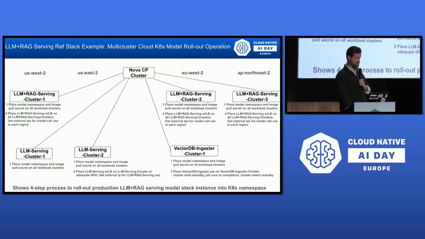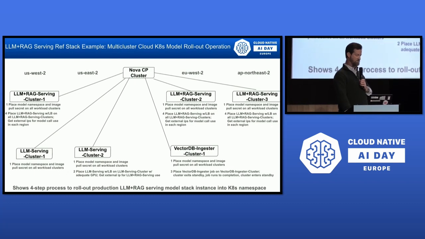All right, we're almost there to the demo. So this shows us the steps that Nova is going to go through when it's rolling out a new model, or a new deployment, actually, not just a new model. First step is creating a new namespace, and then pushing the image creation secrets to all the different Kubernetes clusters.